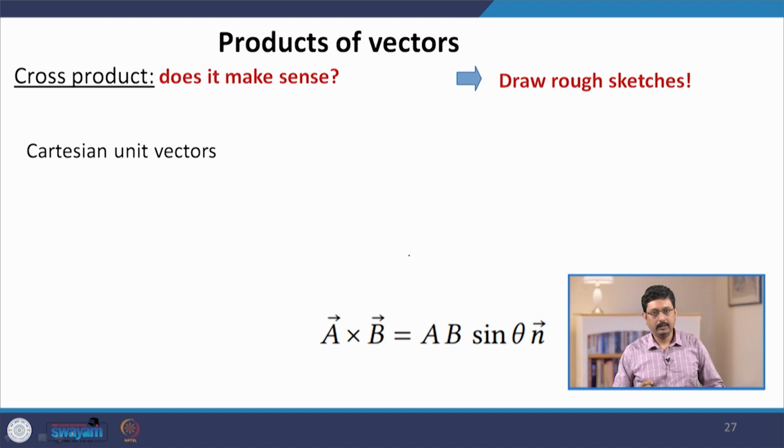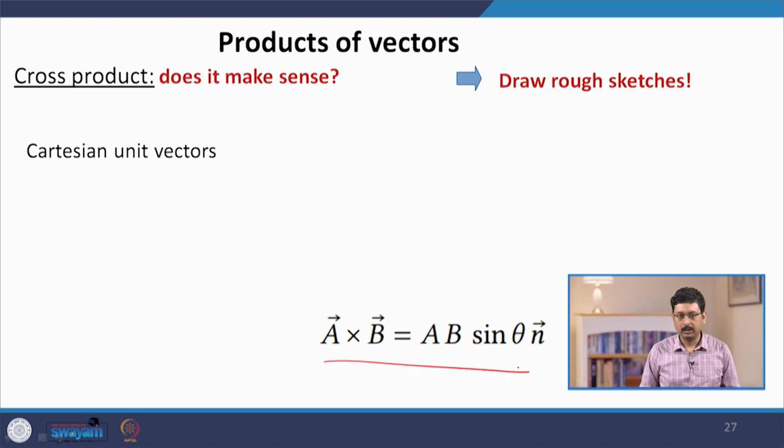Now, again we try to unwrap the formula that we just introduced, namely this one for the cross product. Let us take some special case. Again we take our Cartesian coordinate system, where this is our x axis, this is y axis and this is z axis.